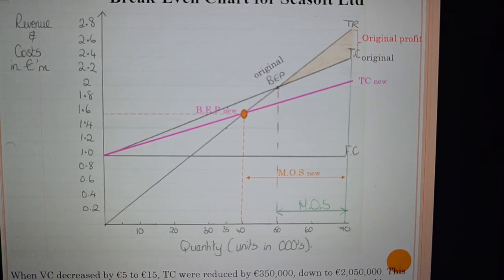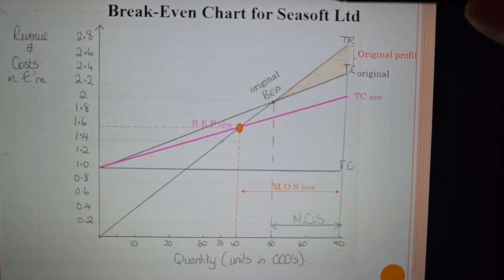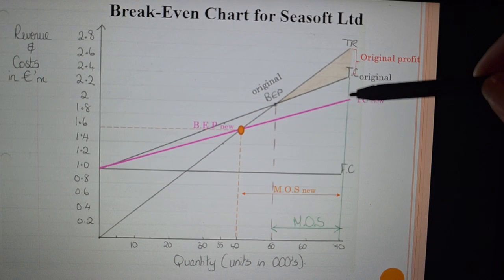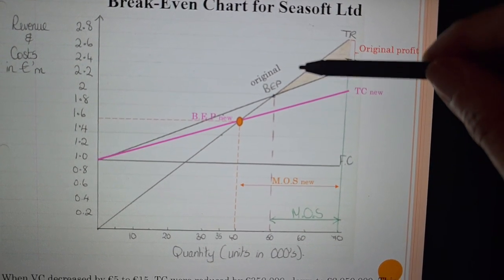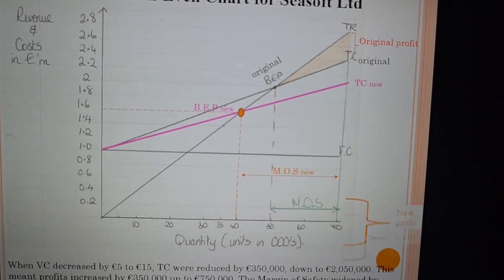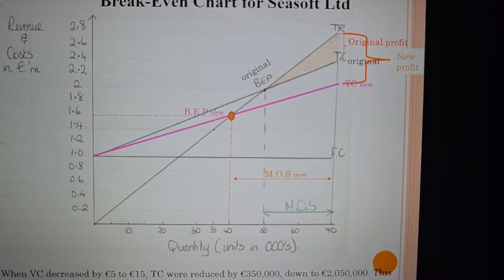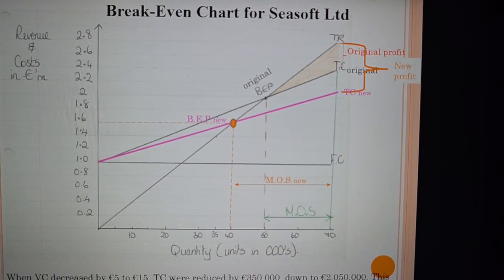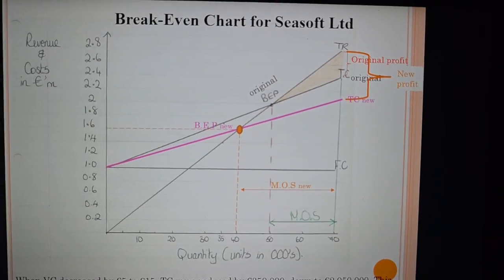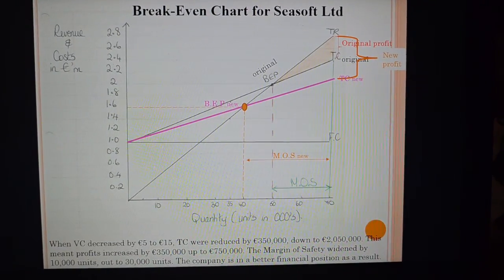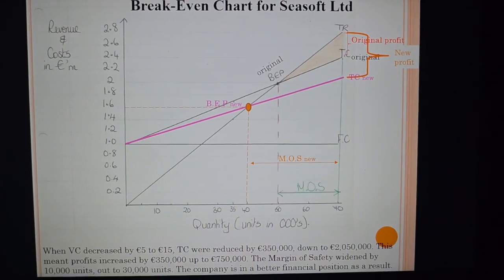Last thing I need to show is where's my new profit region. Total revenue, take away the new total cost line. So all of this region in here is going to be my new total profit, which was €750,000. You could also mark that in just underneath it, 750,000. Okay, and that is now the effect on my break-even chart.